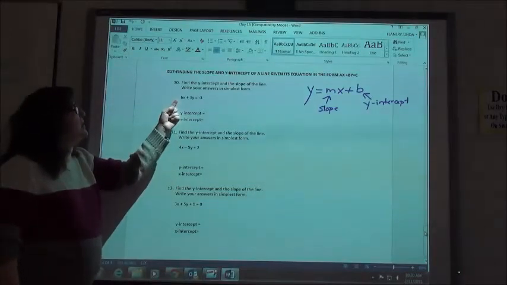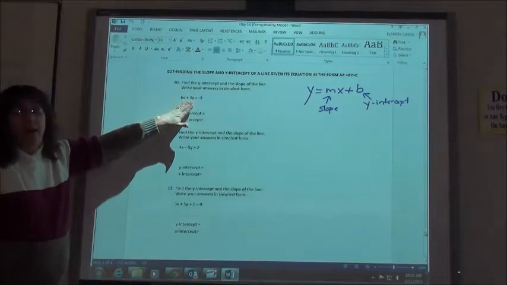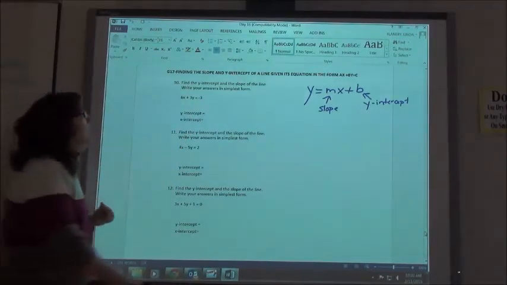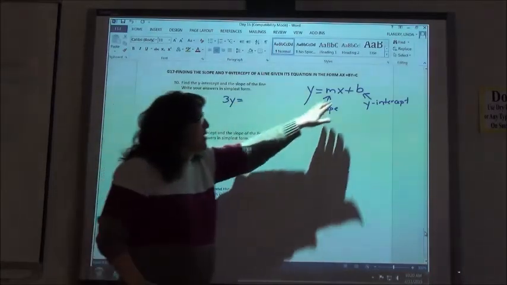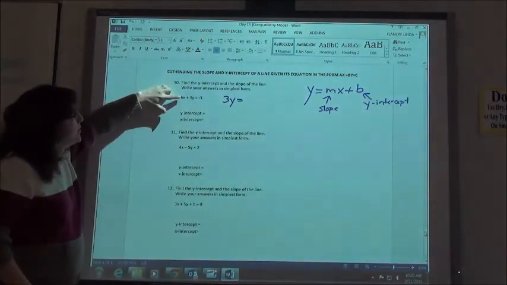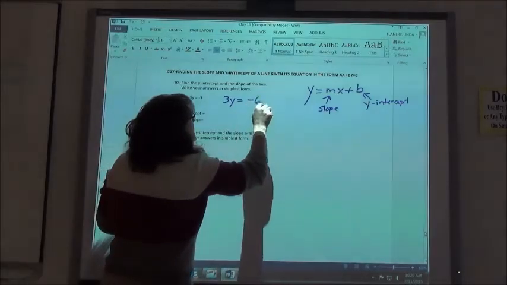So if I have 6x plus 3y equals -3, and I want to get the y by itself, I'm going to move my x term to the other side first. I'm going to say that 3y equals, because I know I want my x first here, I'm going to put it in that order. So since this was a positive 6x, when I move it over, it's going to be a negative 6x.